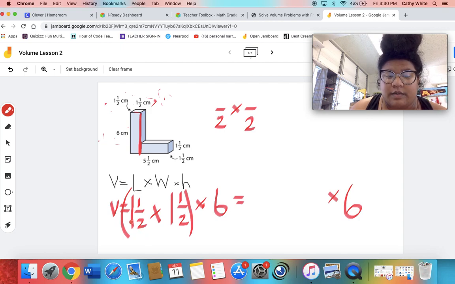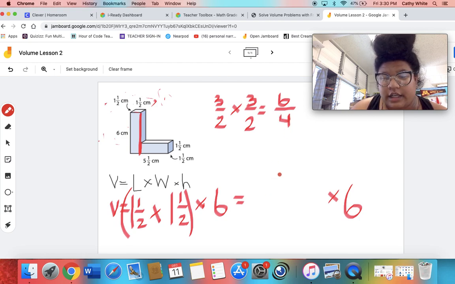So 2 times 1 is 2, plus 1 is 3. And because it's the same fraction, it's going to be the same answer over here. So now we can multiply across, and we get 6 over 4.